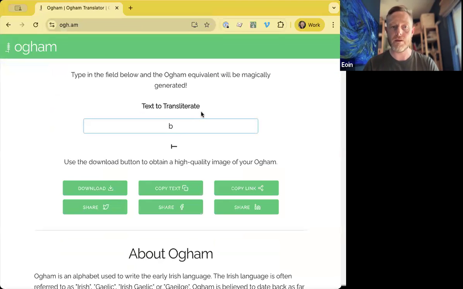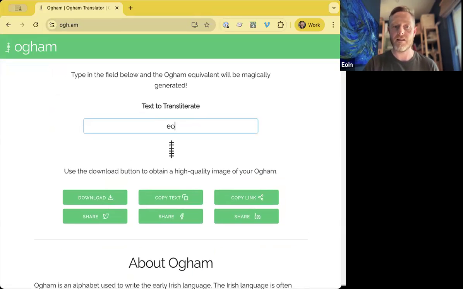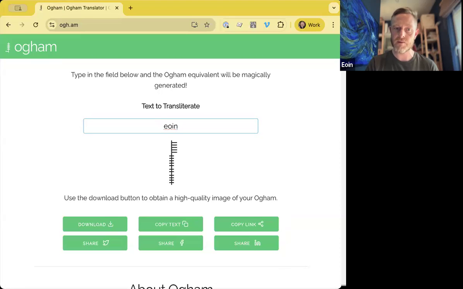So B, it's the stroke on the side of the stem line, B, or E for Owen. Okay. And as we've learned, you go from the bottom, you climb the Ogham like a tree. So you've got your orientation. Every time I add a new letter, it's adding it to the top.